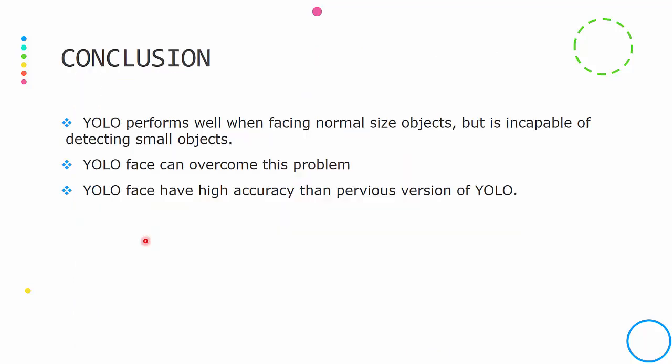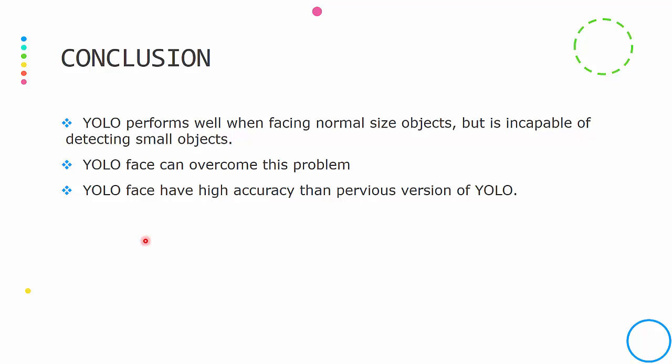So that was all about YOLO face. The presentation was very short. I wanted to give a very quick introduction to YOLO face. There is a lot to learn about it. We covered what YOLO face is and what its architecture is compared to version 3 and version 2.